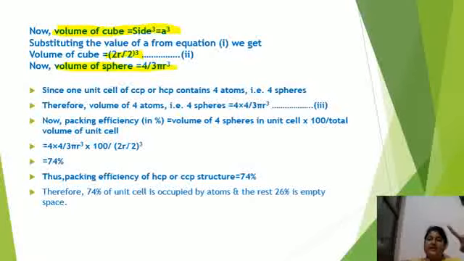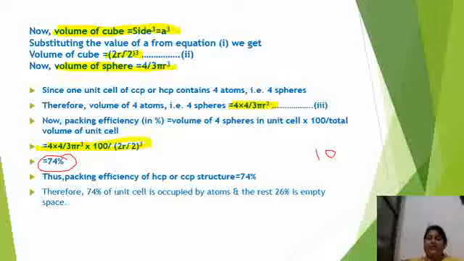Now one unit cell contains 4 atoms. So what will be the value for 4 into 4 by 3 pi r cube? When we put all these values over here, after calculating it, we get what? That the packing efficiency is 74%. Packing efficiency is 74%.